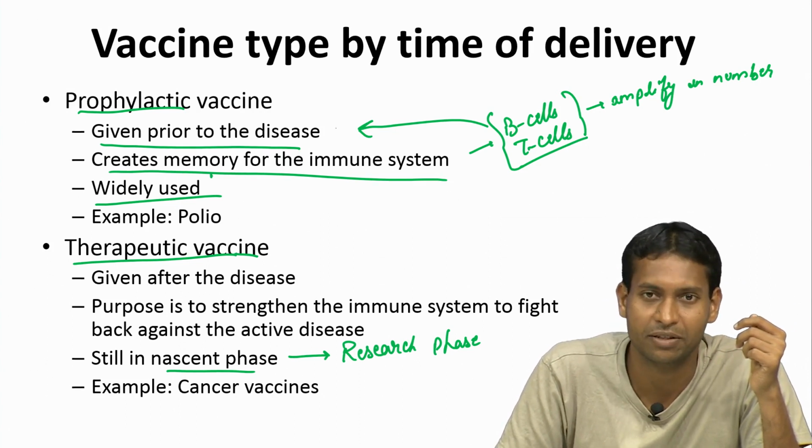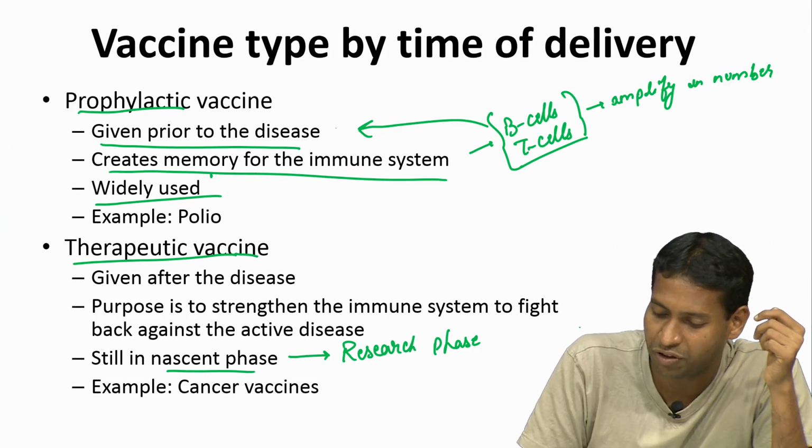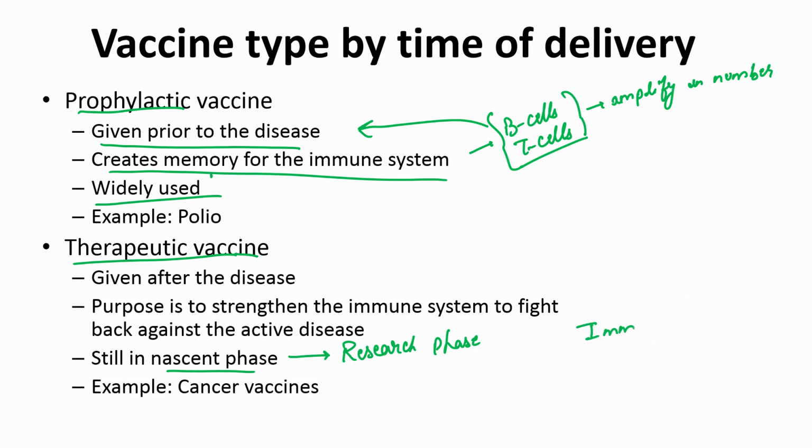Some of it has come in, so you might have heard of immunotherapy. A part of that also involves these therapeutic vaccines that are being used in clinic and in patients, but very sparingly at this point in time. The hope is that this is going to take over in such a way that these cancers can be tackled through these cancer vaccines, but that is still to be seen.